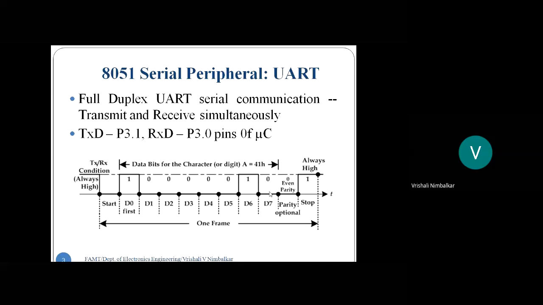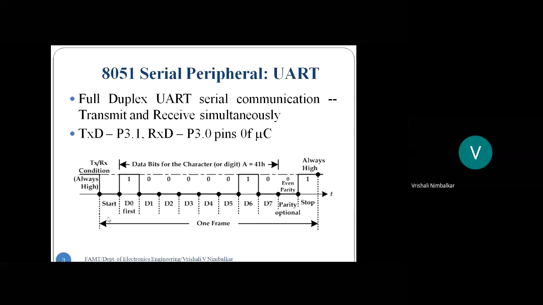This is where your 8 data bits end. Then you can add a parity bit. Adding parity is optional, you add it or you do not. But there should be 8 data bits, and at the end there should be a stop bit. The stop bit is indicated by logic 1, and the start bit is indicated by logic 0.